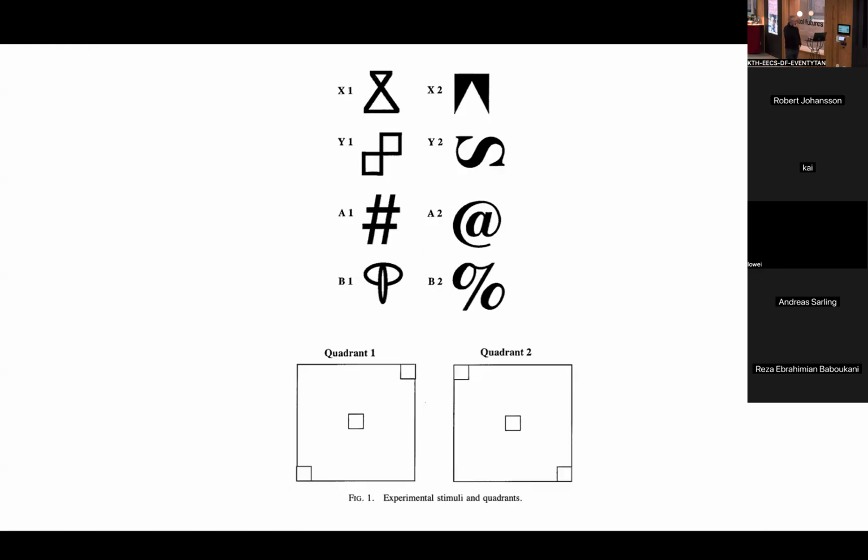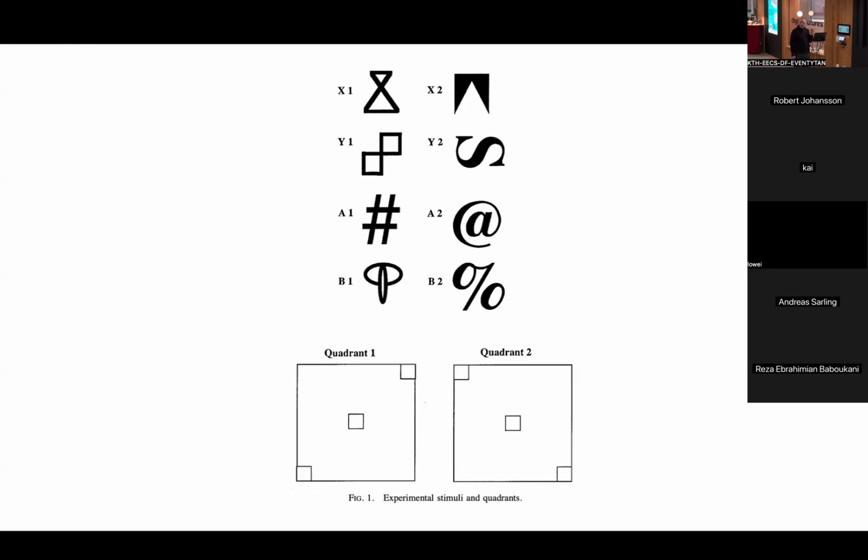And these children were trained on a particular task with these symbols up there, let's just call them X1, Y1 and so on. They were nonsense symbols.